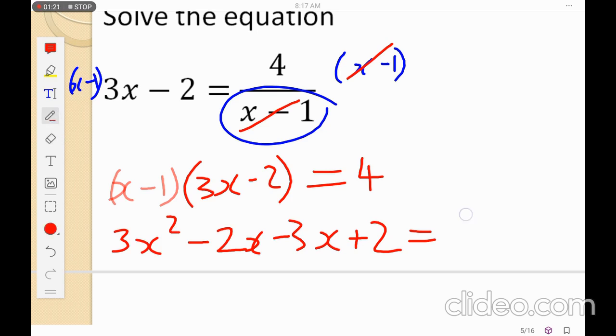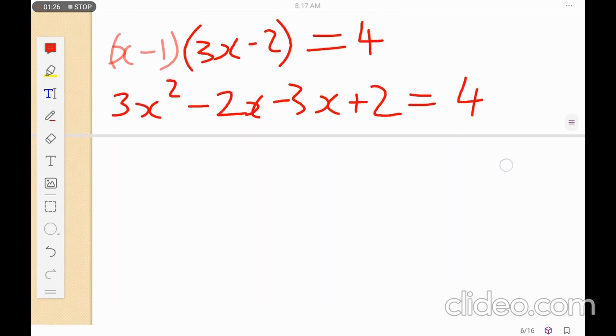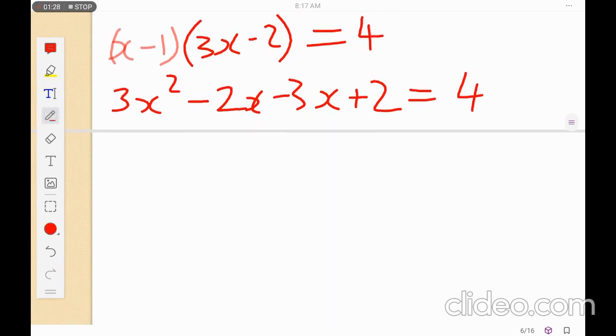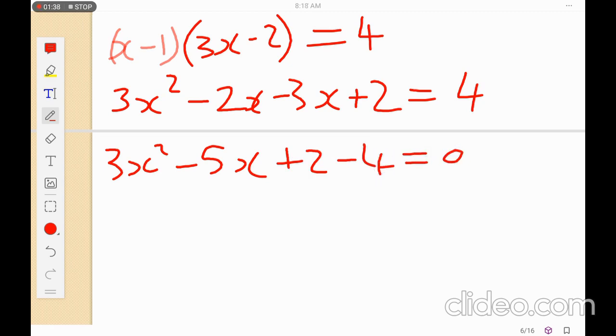I have a 4 here. Now I'll move the 4 from the right side and have it as a negative on this side. So I'll now have 3x squared minus 5x plus 2 minus 4 is equal to 0. If we add these, I'll get 3x squared minus 5x, then here I've got minus 2 is now equal to 0.